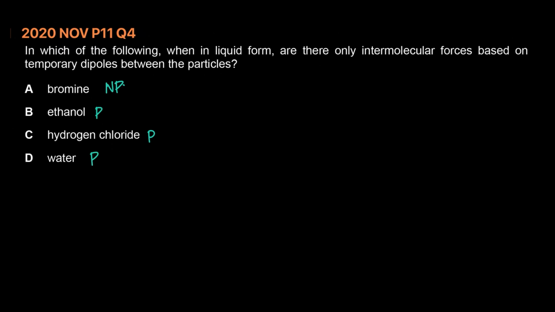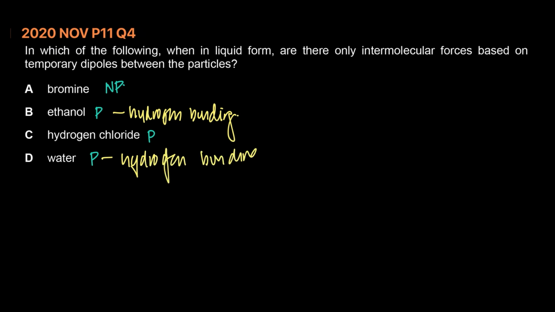And water and ethanol have what? They have hydrogen bonding, so these two have hydrogen bonding. And what does HCl have? HCl is polar. So what does polar have? Polar has permanent dipole attraction. So the non-polar one is going to have the induced dipole attraction.